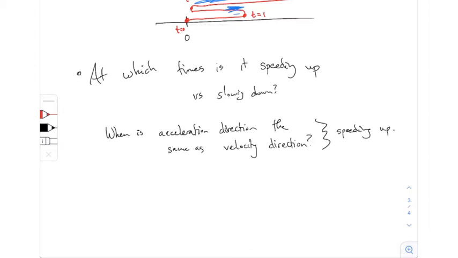All right. This is a little tricky to figure out exactly when this happens. When is the acceleration direction the same as the velocity direction? There are two options. One is when they are both positive, and one is when they are both negative. So it shouldn't be so hard once we break it down like this. We could have velocity and acceleration both positive, or the velocity and the acceleration both negative.